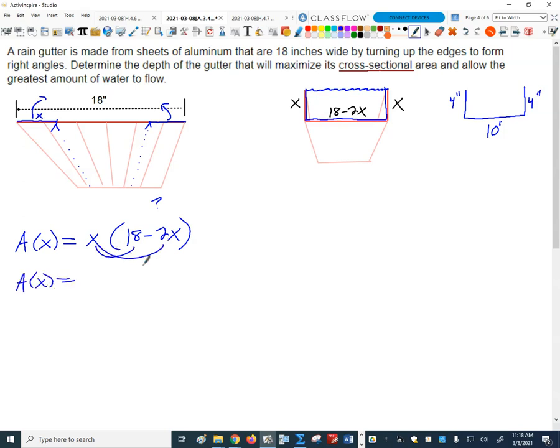I'm going to get 18x minus 2x squared, and I can rewrite that to make it look like a quadratic function in standard form. If I just put the x squared term first, now that looks like ax squared plus bx plus c, doesn't it?